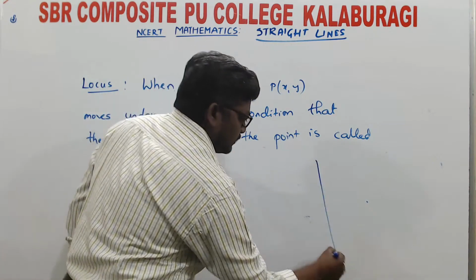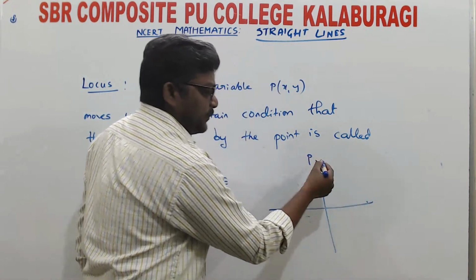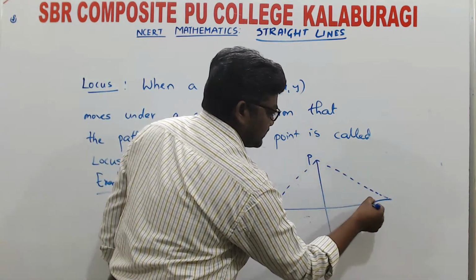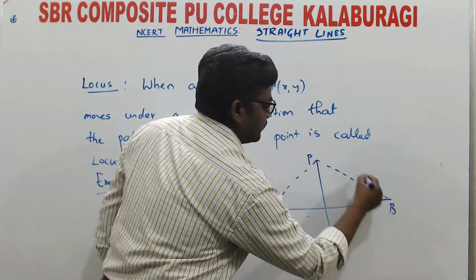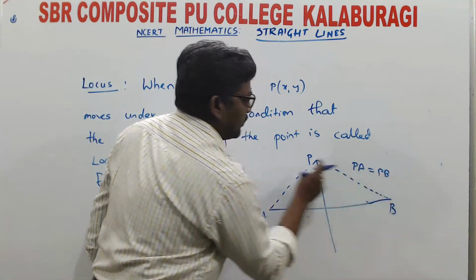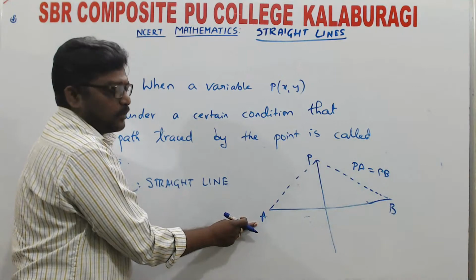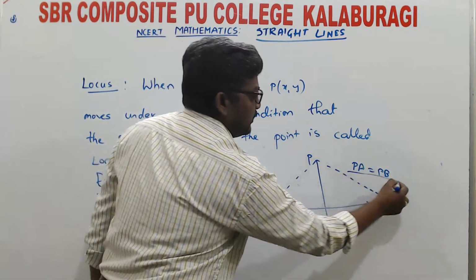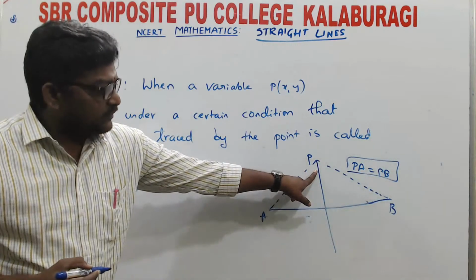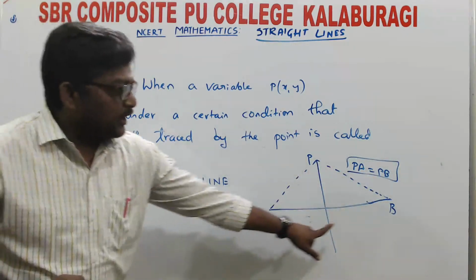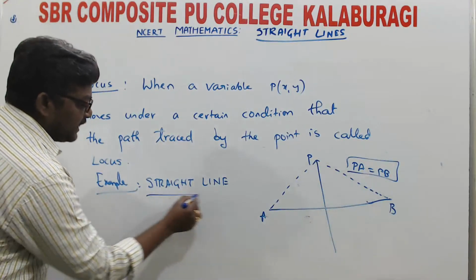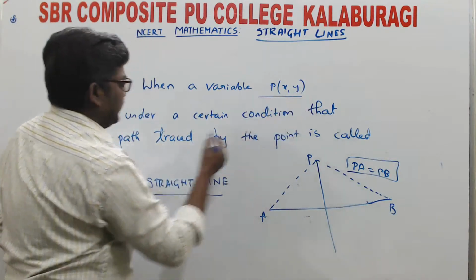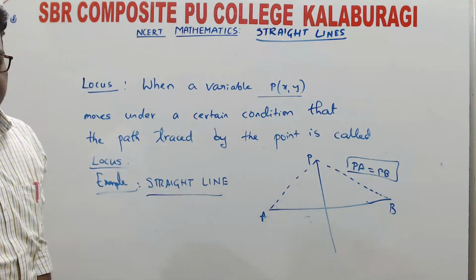And here the path is what? The fixed point P. The condition is a fixed distance to A and B. That means the condition here is that from the locus point P, the distance from the point A is equal to the distance from P to B. PA equals PB. The traced path of the locus of the point P to the fixed points A and B is called a straight line. P (x, y) is called any locus point.